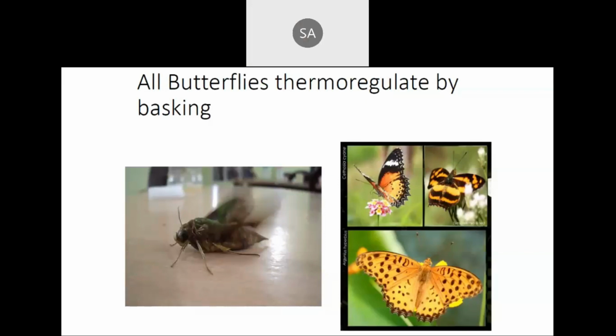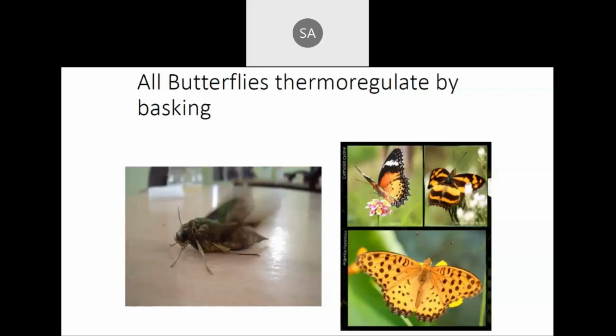So now thermoregulation, that is temperature control. Moths, butterflies and many other insects are cold blooded. So in order to regulate the temperature, butterflies and moths need to be warm enough to fly, and their wings help them to regulate their body temperature.